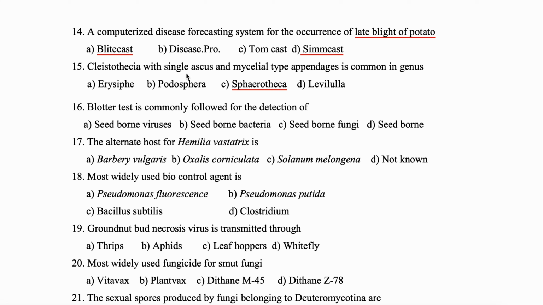The question asked single ascus and mycelial type, so it came out to Sphaerotheca. If the question was asked single ascus but dichotomously branched, so the answer would have been Podosphaera. Okay. Accordingly, it will be changed for Erysiphe, also for Leveillula.